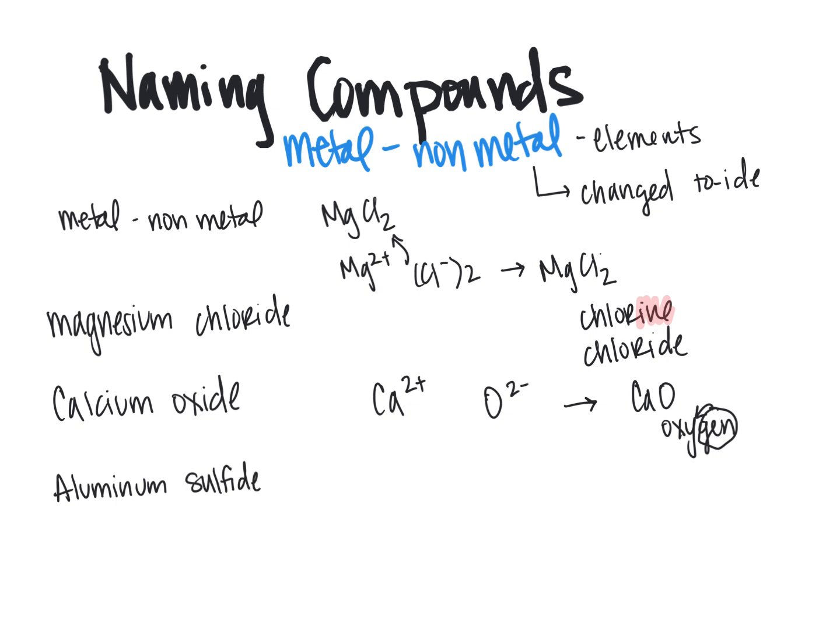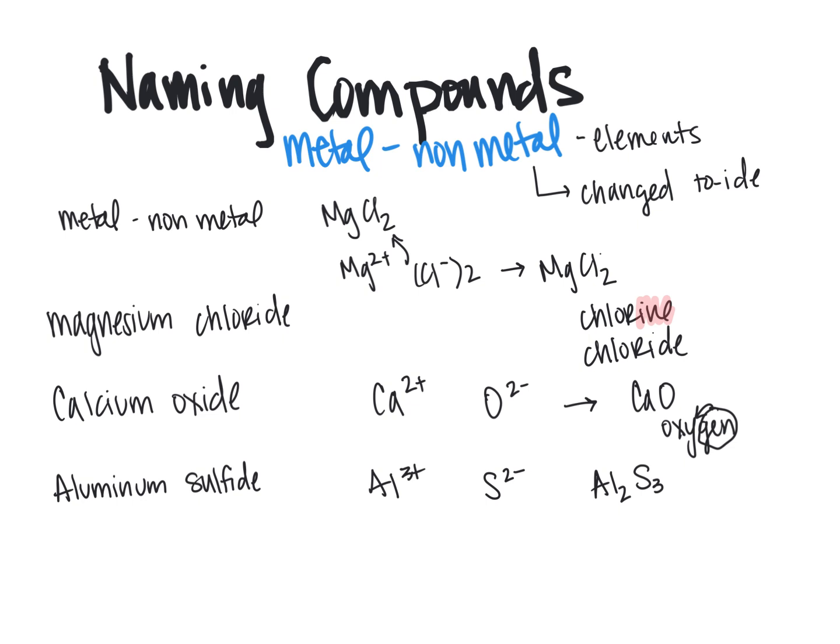We know that aluminum is Al, and sulfide is really sulfur, and that's S. The charges on these are 3+ and 2-, so this compound would be Al2S3. We should be able to transfer either way. But when we name them, it is the metal followed by the non-metal. And this is just for the elements.